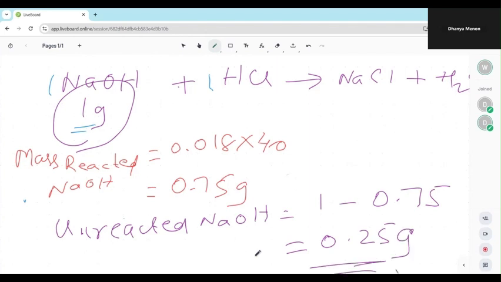So this is our answer. By using the limiting reagent, we found out how much NaOH has reacted, and from that we subtracted the reacted NaOH from the total mass. That will give you the unreacted NaOH according to the question.